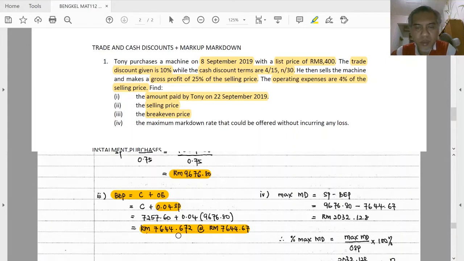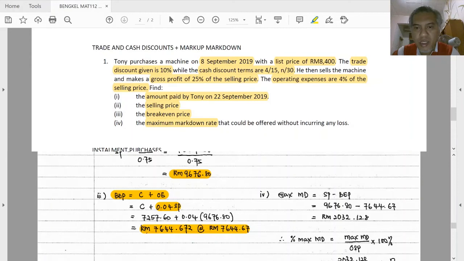Lastly, the question asks you to find the maximum markdown rate without incurring any loss. In order to find the maximum markdown rate, the first thing you need to do is to find the maximum markdown amount.